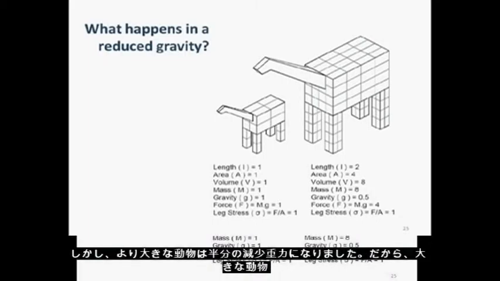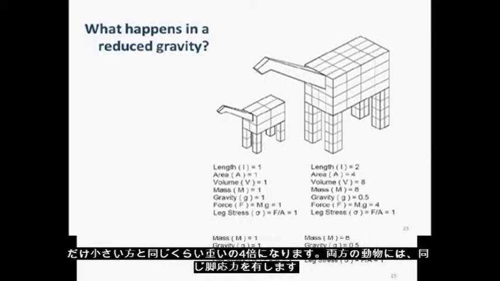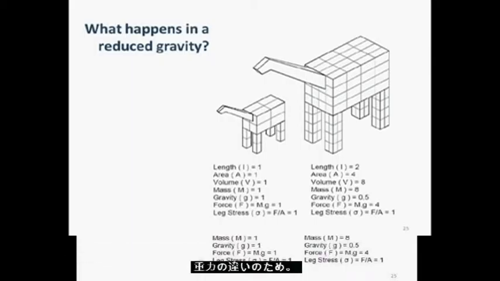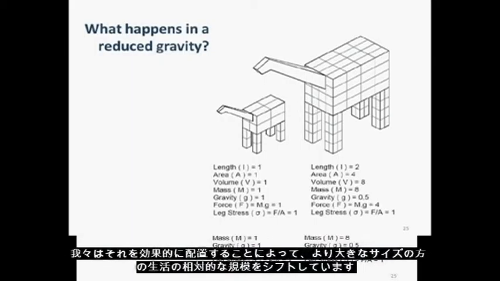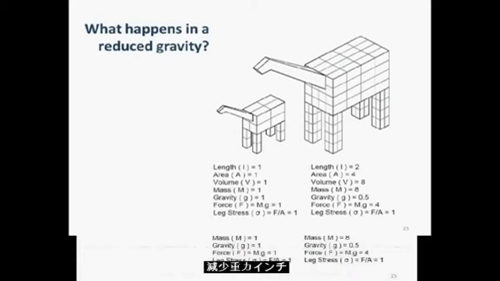But the larger animal is now in a reduced gravity of 1/2. So the larger animal would only be 4 times as heavy as the smaller one. Both animals have the same leg stress because of this difference in gravity. We have effectively shifted the relative scale of life towards a larger size by placing it in a reduced gravity.